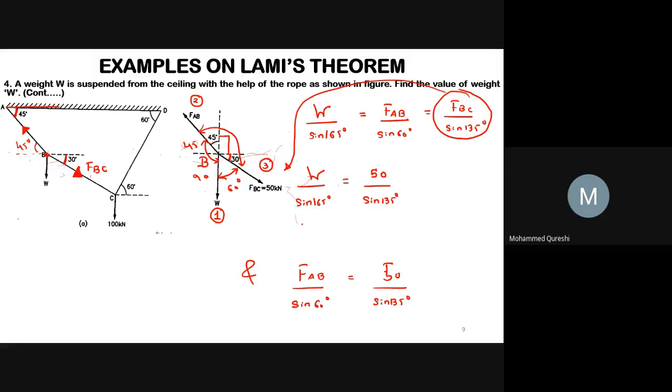So after cross multiplication, you will get the value of W as 18.25 kilonewton and the value of FAB as 61.24 kilonewton. Hence, the weight W, which is suspended from the ceiling with the help of the rope, is 18.25 kilonewton.